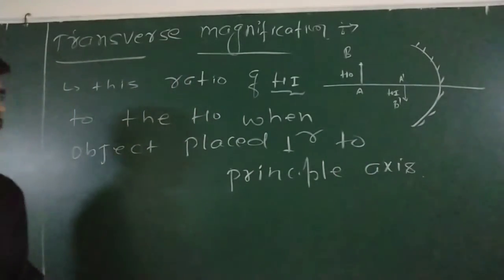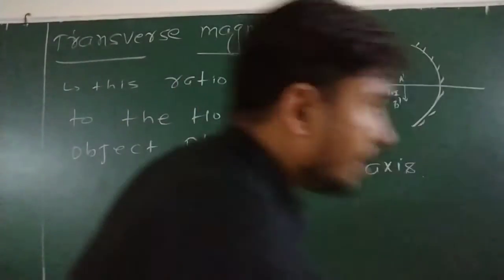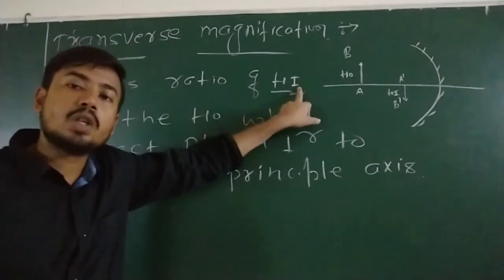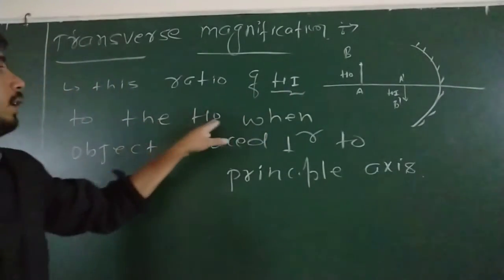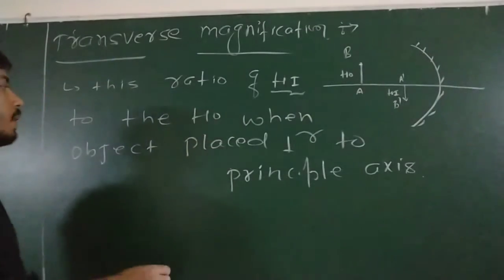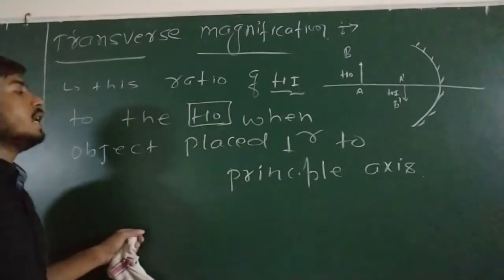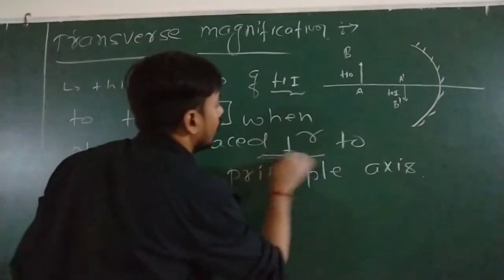Getting my points? So see, again I am telling you, this is defined as the ratio of height of image, HI, to HO, the height of object, when the object is placed perpendicular to the principal axis.